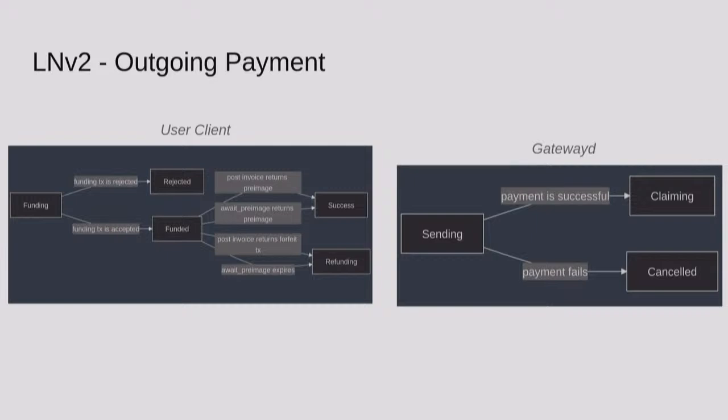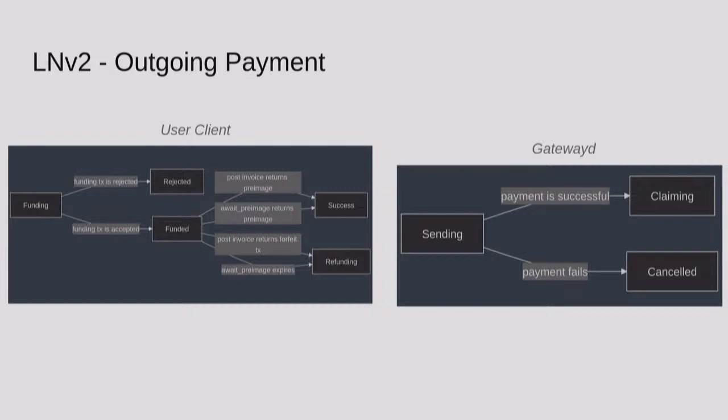Now after the funding state, we create the outgoing contract and do an HTTP call to the gateway. Here's the outgoing contract, here's the invoice, the amounts, expiration, etc. The gateway checks that the contract and the invoice match up and comply with its parameters, and initiates the payment.